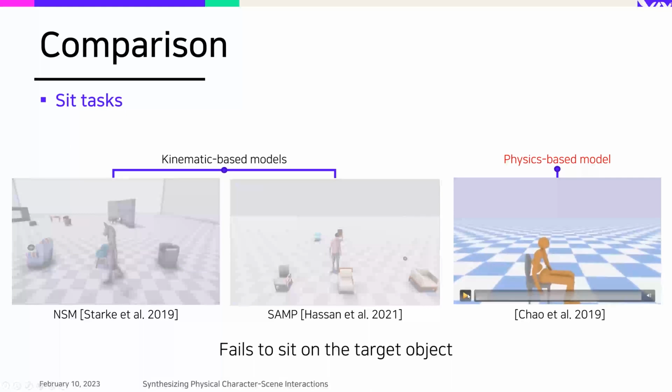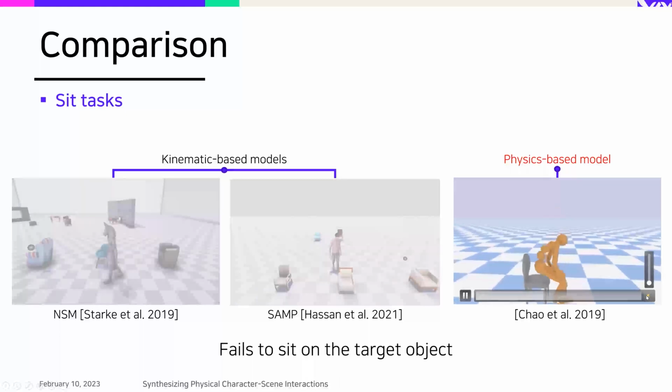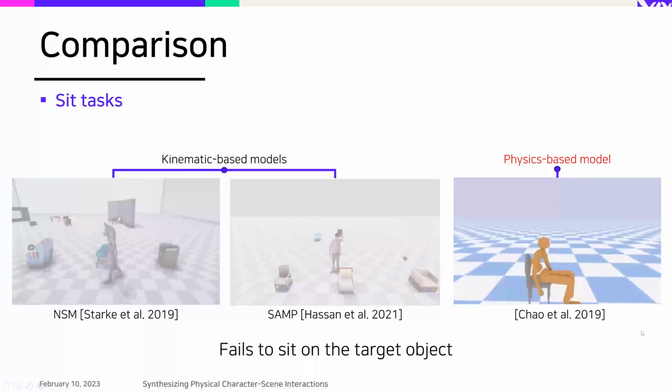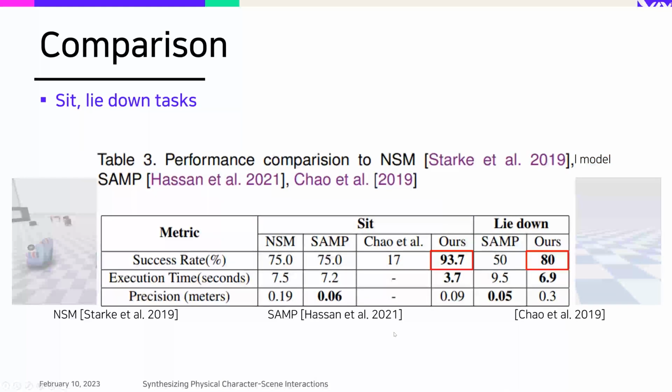The work of Chow is based on physics simulation. However, as you can see in the video, it frequently fails to sit on the target object. Finally, they also provided a quantitative comparison, and as shown in the table, their method showed the highest success rate among these methods.